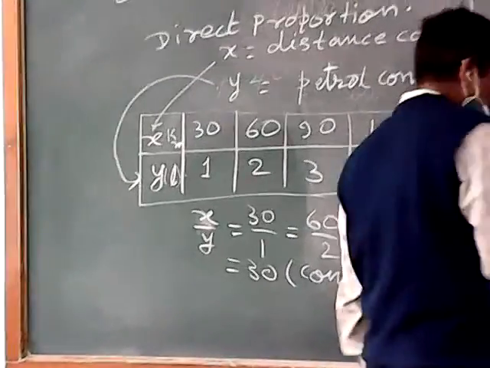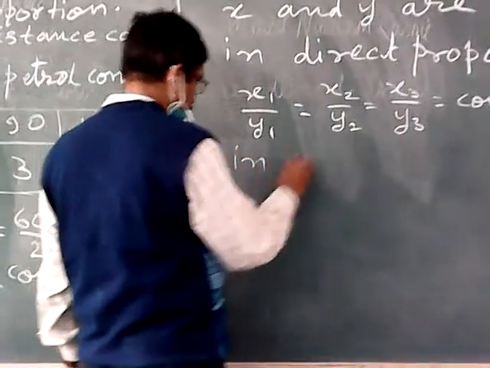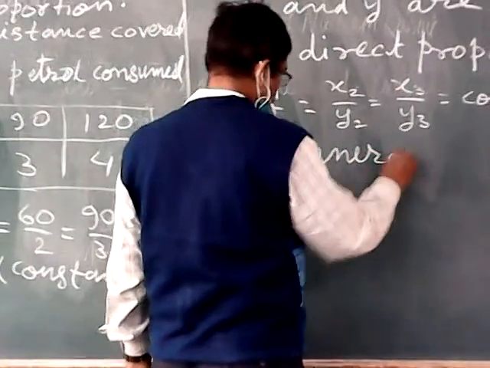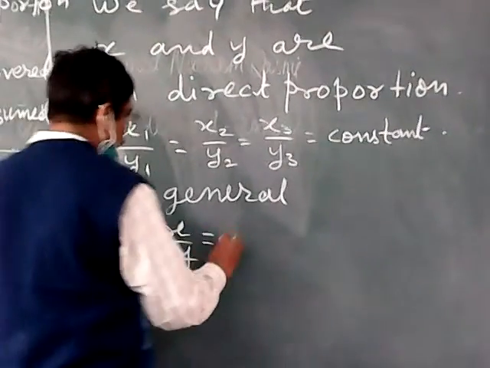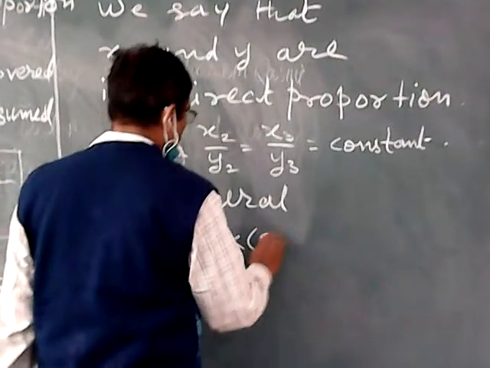In general, we write x by y is equal to k, the constant.